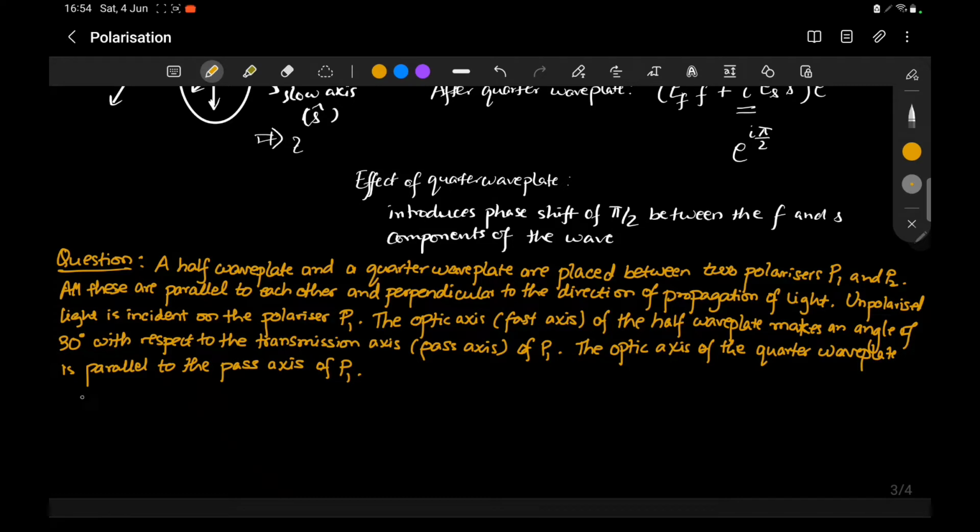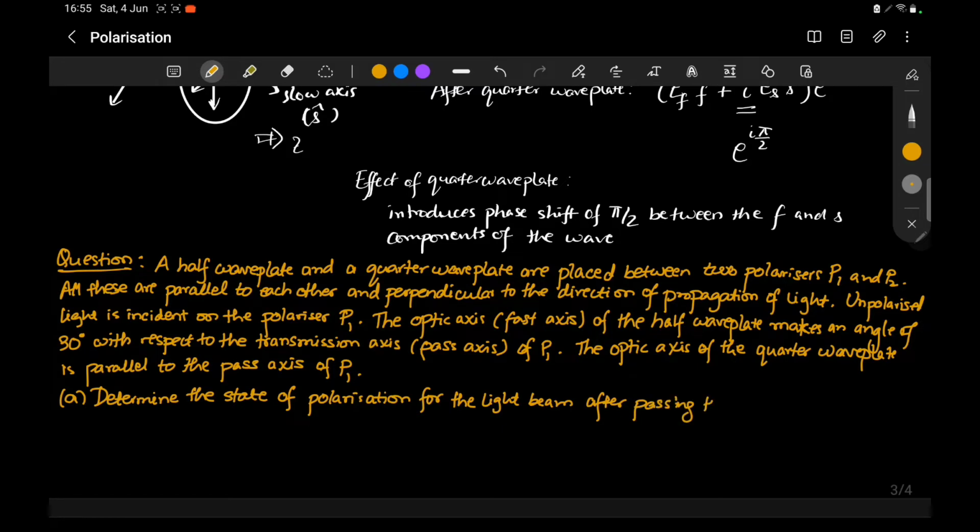The question has two parts, so it asks us to determine the state of polarization for the light beam after passing through the half wave plate and the quarter wave plate.